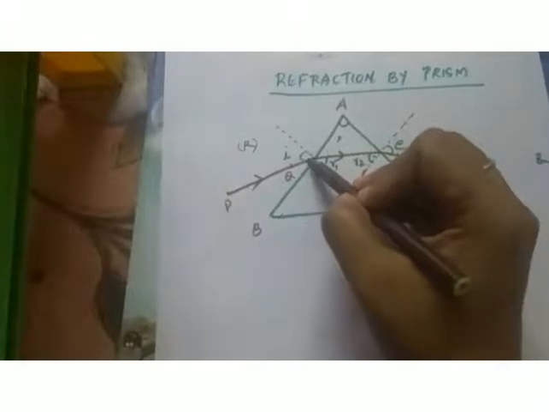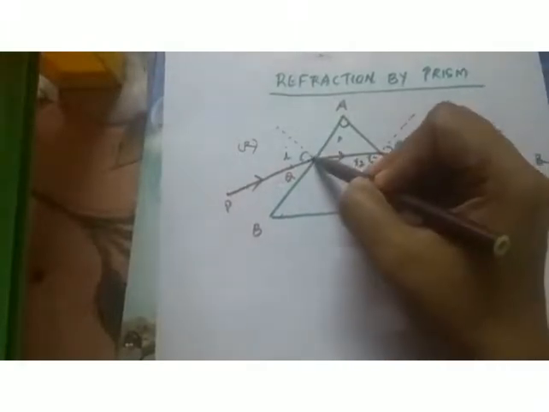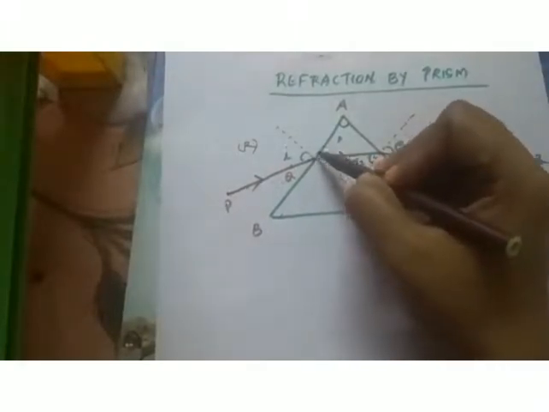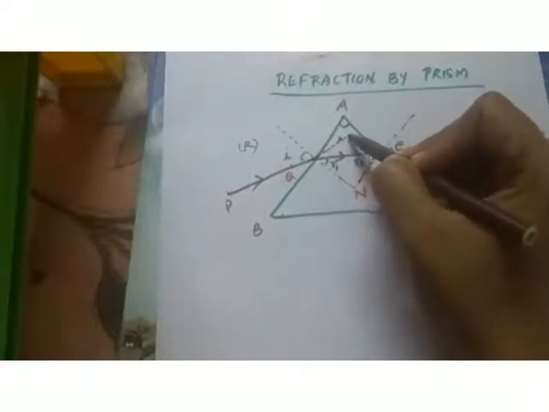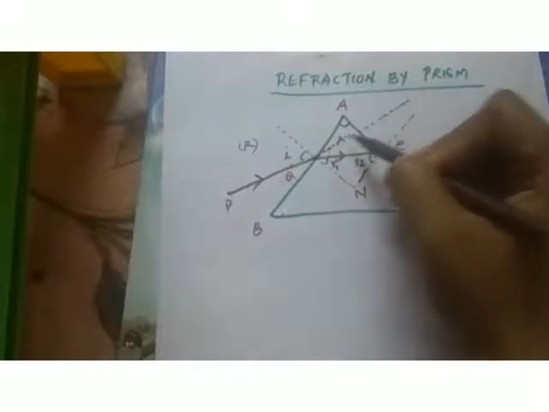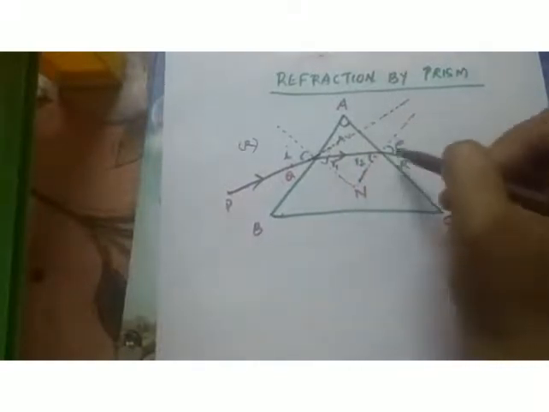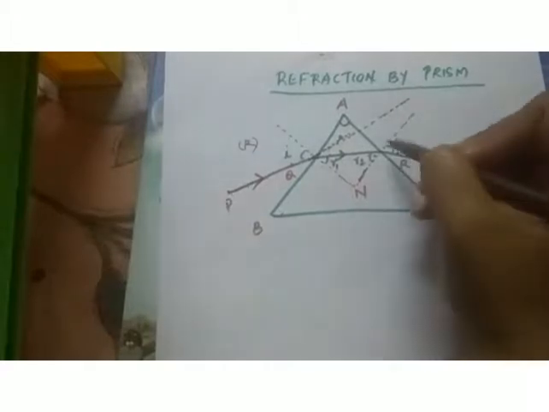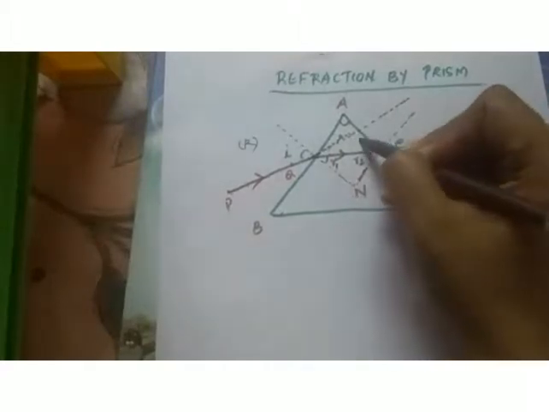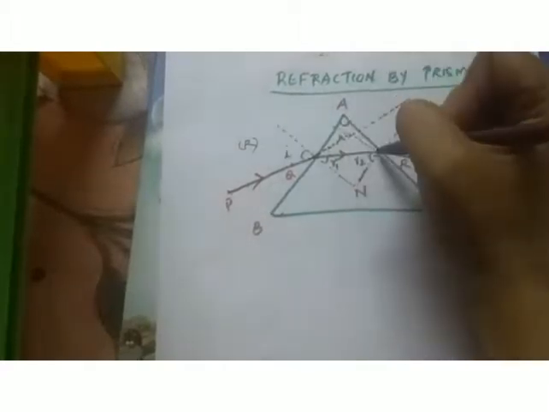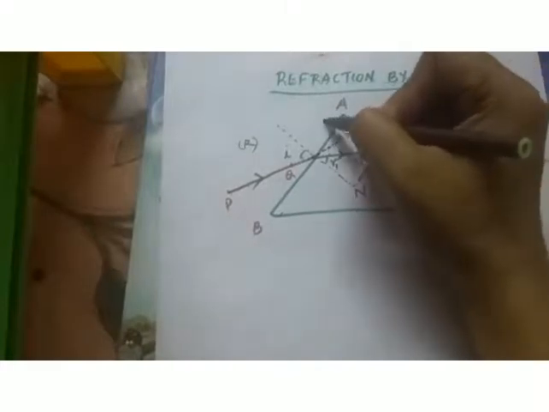So here this is our incident ray, and in order to mark the angle of deviation, just extend this incident ray backwards. So this is our incident ray, and this is our emergent ray. Again, extend this emergent ray backwards.